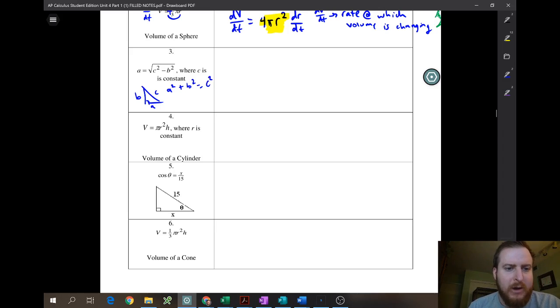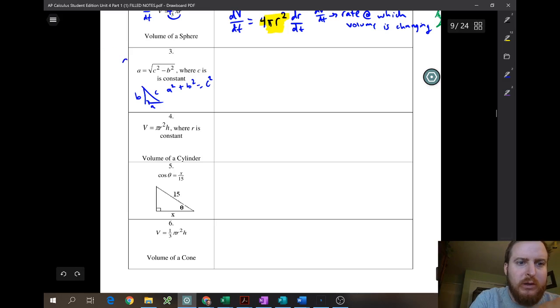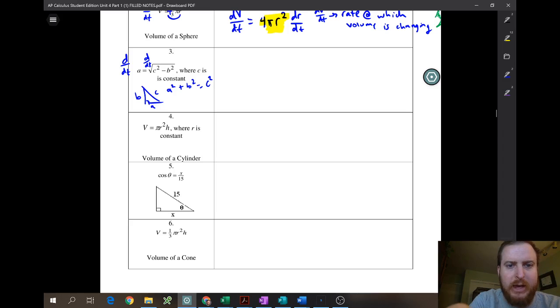So maybe it's a ladder that's falling, where c is the ladder and the ladder can't change at all. Or some instance where c is a constant. And that's important. So we take the derivative with respect to time of both sides. The derivative of the left, the derivative of a, is going to be 1 dA dt.